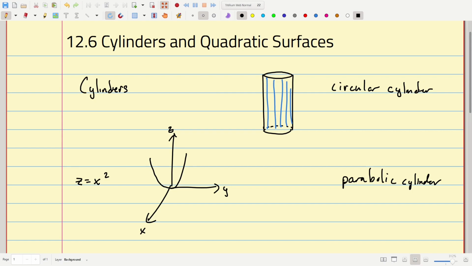Okay, this equation places no restriction on the value of y. So I will also have copies of this parabola that exist in both directions along the y-axis. If I draw the picture like this, it's going to get very busy, so we're going to leave things like this. And if I were to fill in the surface, it would look something like this.